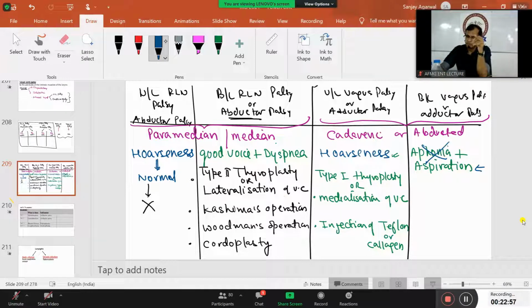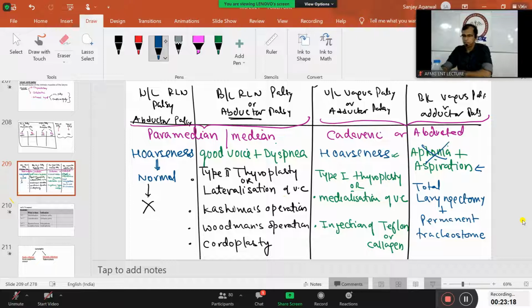The surgery for aspiration is total laryngectomy plus permanent tracheostomy. It is the only option you have for aspiration, if it is life-threatening. Otherwise, we don't do it.